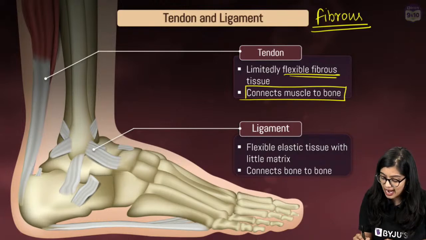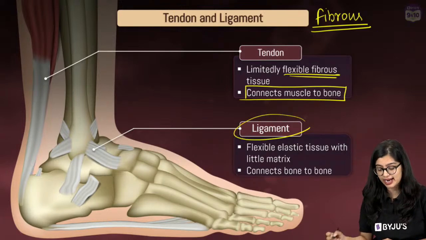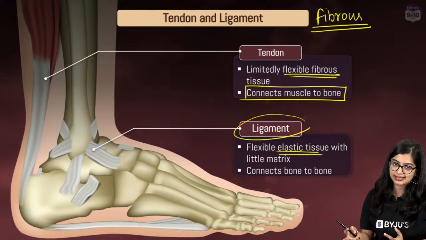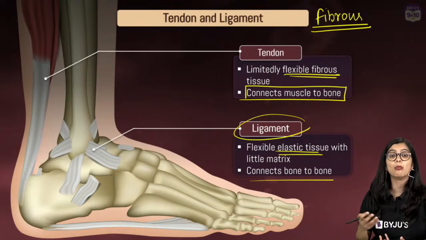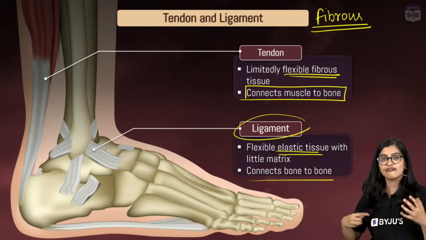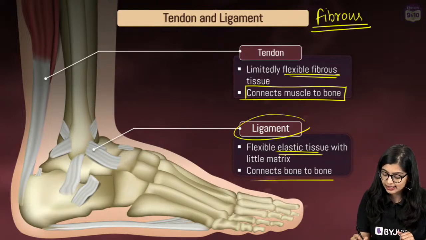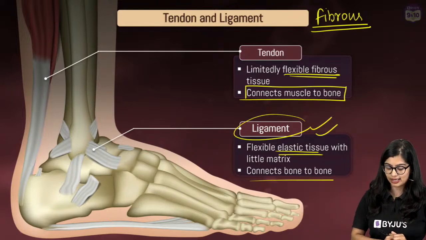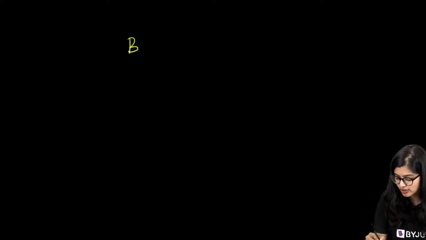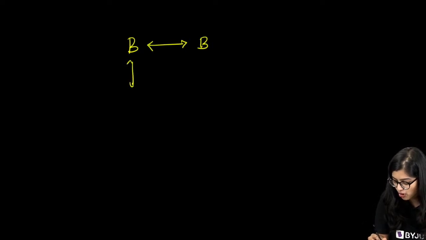But on the other hand, when we talk about ligaments, right? Ligaments are a little more elastic and connect two bones together. Yes? So if in our body all the bones make up the skeletal system, it is because of the ligaments. So simply put, right? You have bones which need to be connected to bone, and you have bone which needs to be connected to muscle, right?